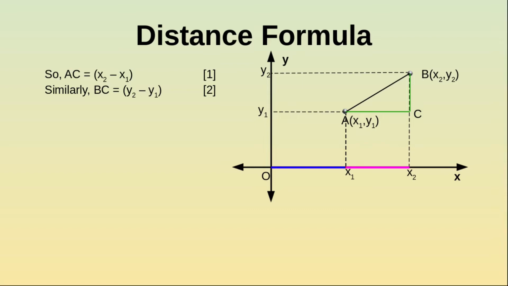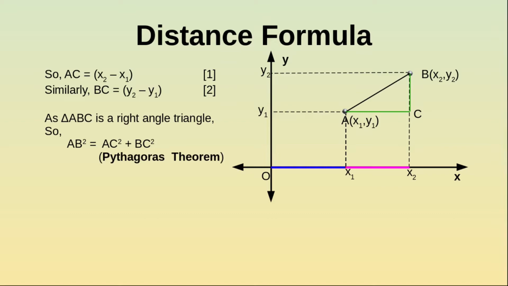So here we have found both the sides AC and BC. So now, as the triangle ABC is a right angle triangle, AB square is equal to AC square plus BC square. This is basically Pythagoras theorem.